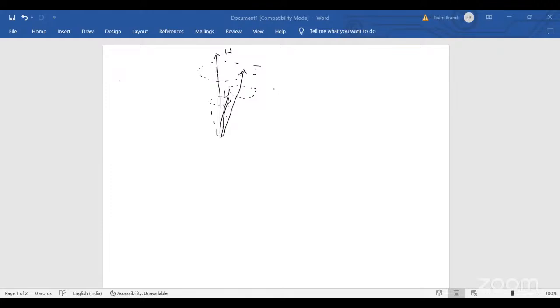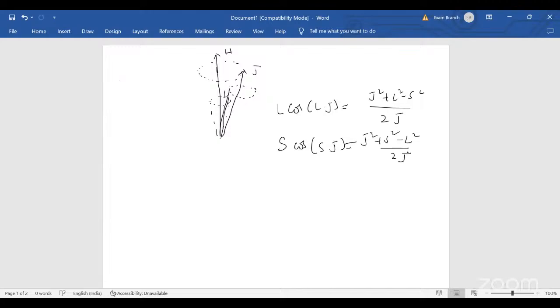L cos of Lj is given by J square plus L square minus S square by 2J. Similarly for the spin, S cos of Sj is J square plus S square minus L square by 2J. So how are we going to get these?